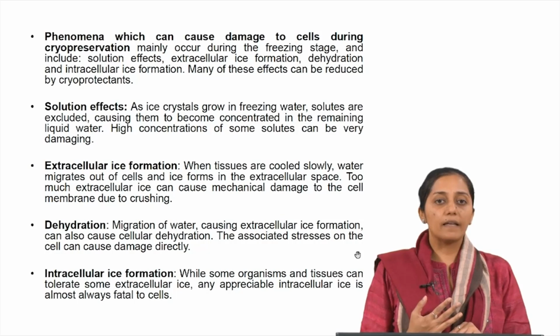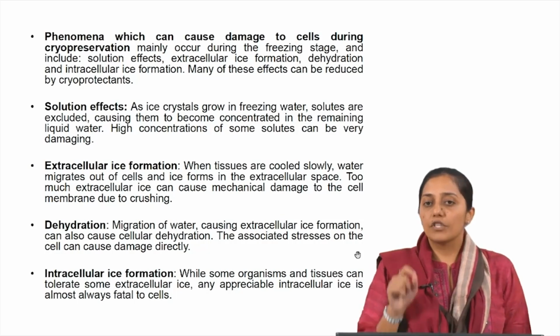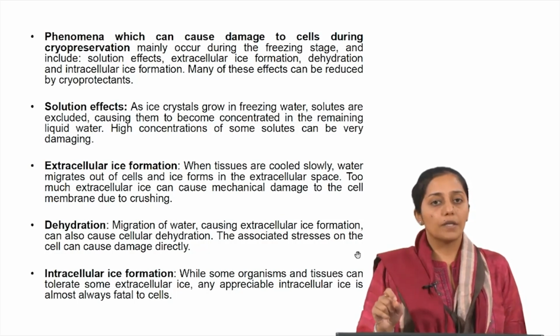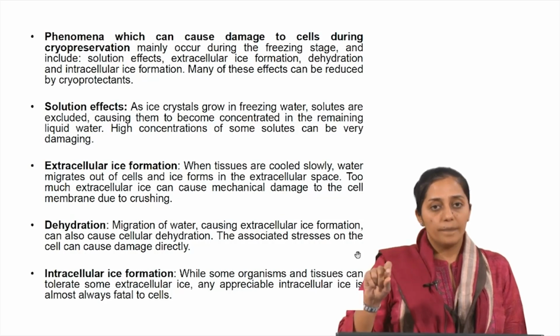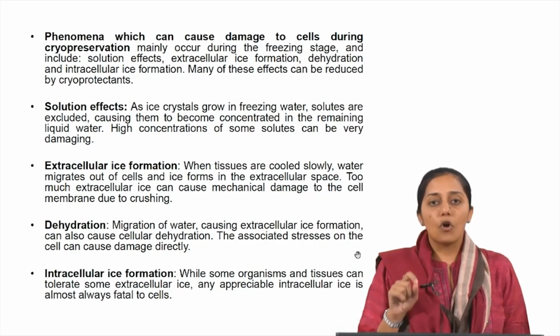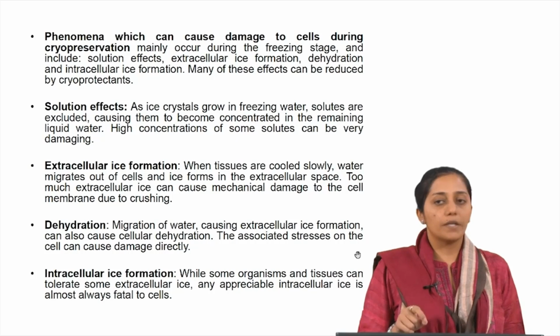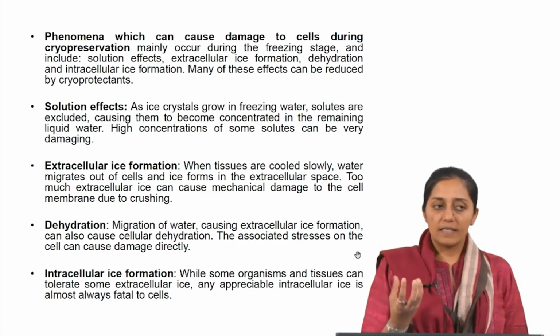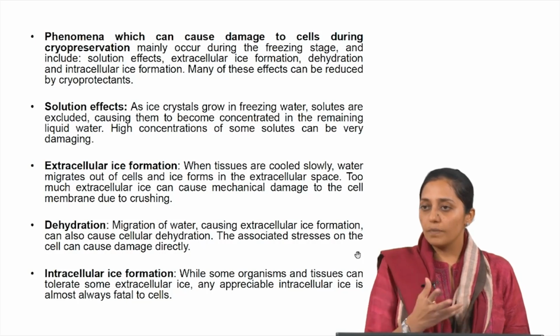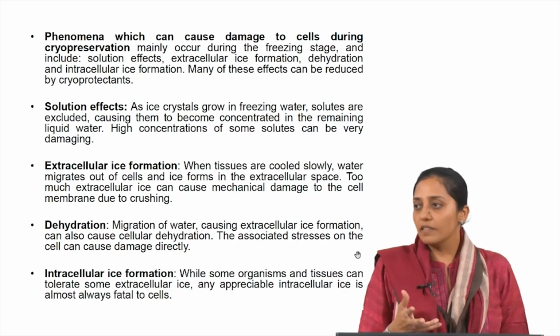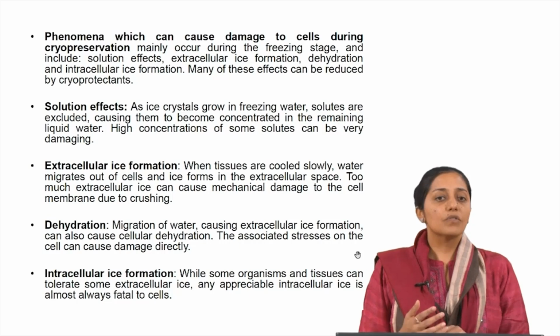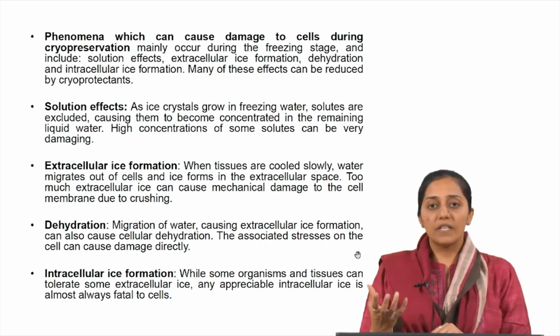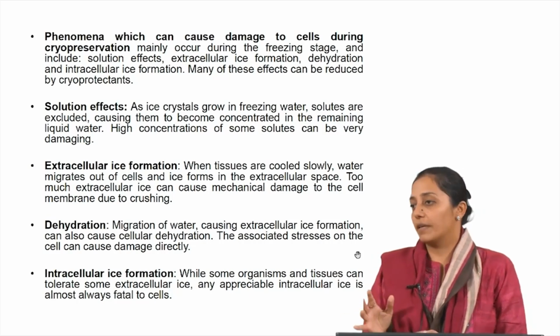What is solution effect? When an ice crystal grows in freezing water, solutes are exuded, causing them to become concentrated in the liquid water. Once, as you people said, the ice is forming, the rest of the cytoplasm is getting concentrated. So, this high concentration of some of these solutes can be very damaging.